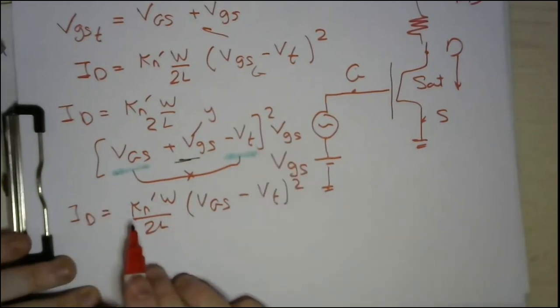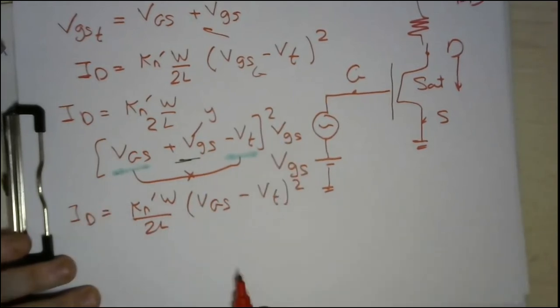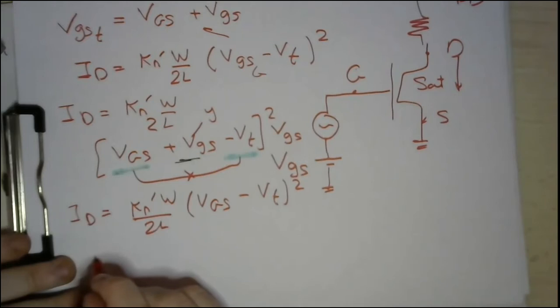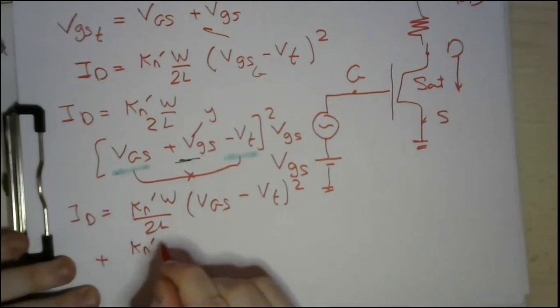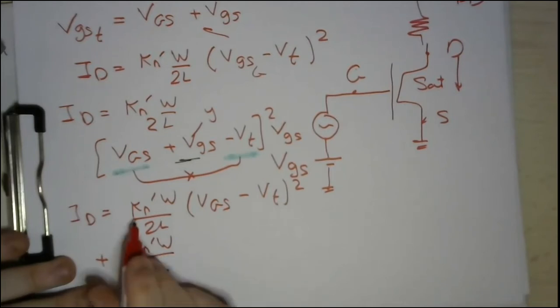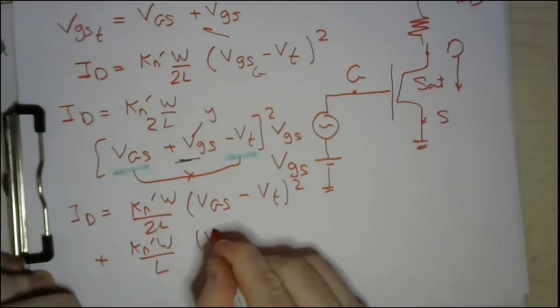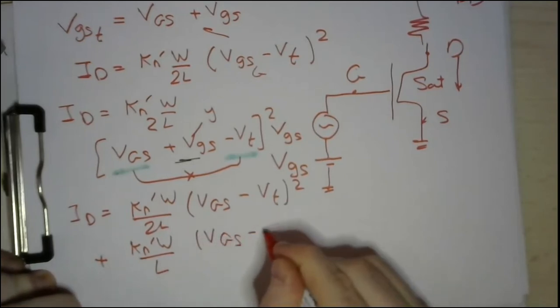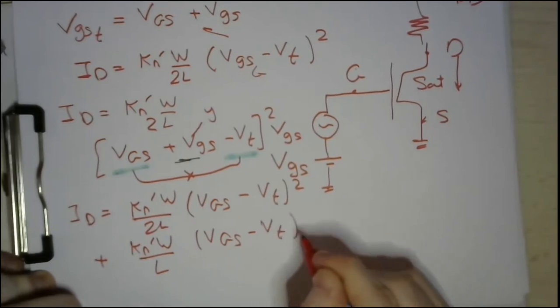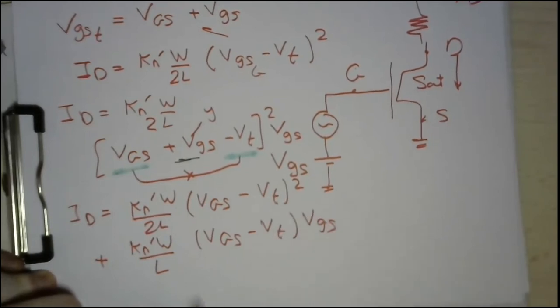This is X squared, which is VGS minus V threshold all squared. Then plus 2XY, so Kn dash W over L. I will cancel the 2 because it's 2XY, so 2 cancelled by 2. Then we have VGS minus V threshold multiplied by V small gs. This is the X term and this is the Y term.